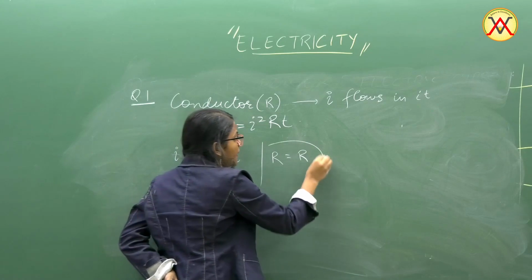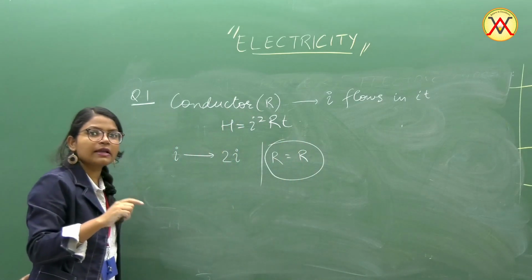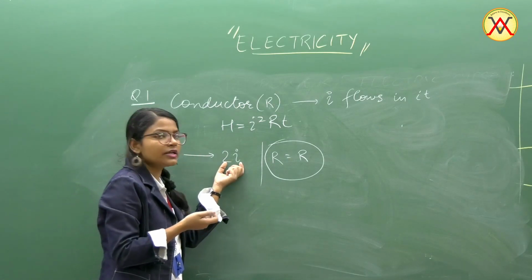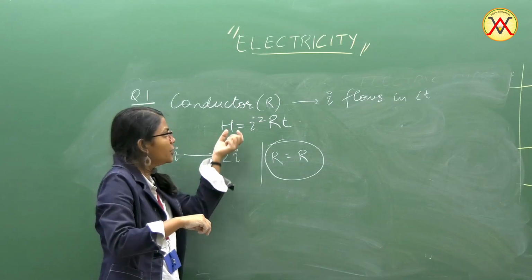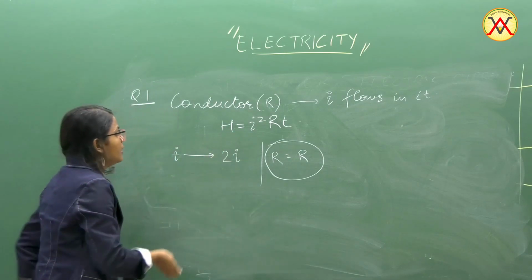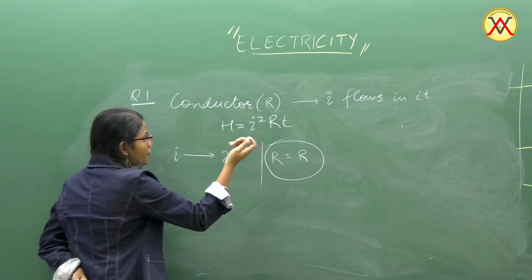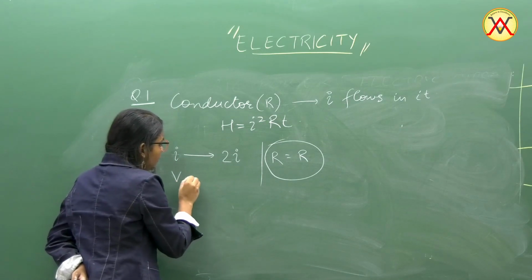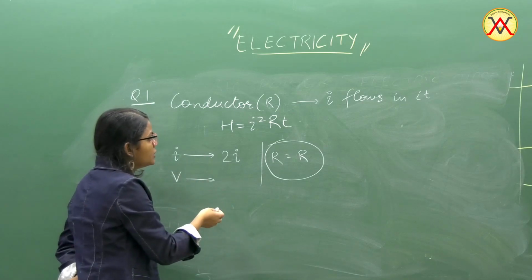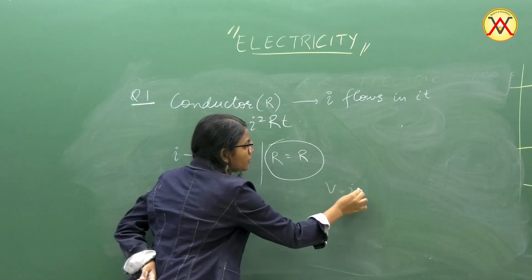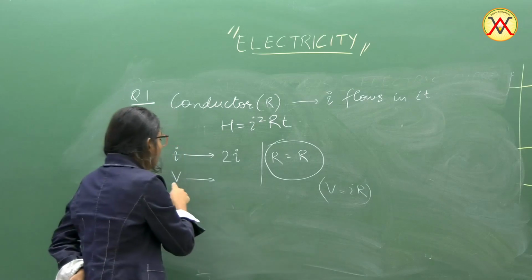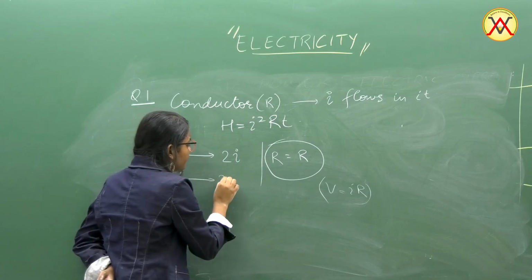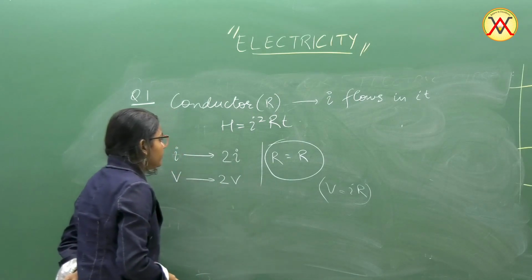If it is given in the question that keeping the resistance of the conductor constant, the current has been increased to twice its value, then what would be the new heat produced? From the equation V equals IR, V would be changed to I dash into R dash, that means 2V.